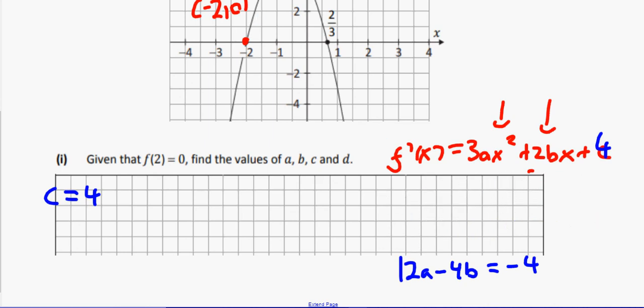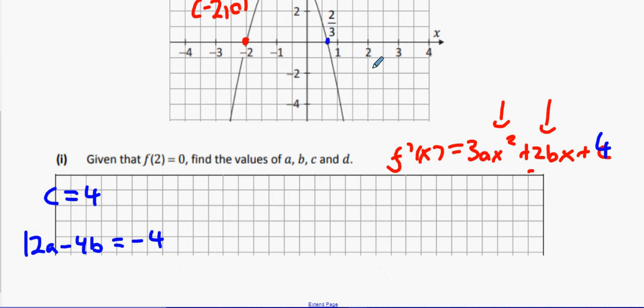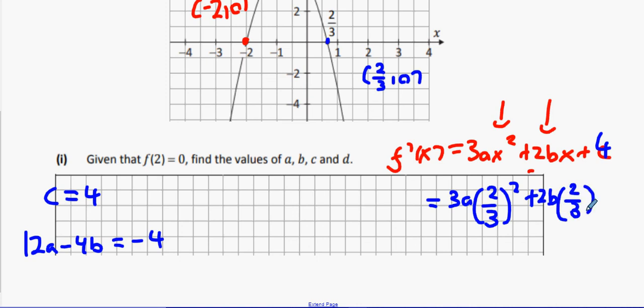Now, do I know any other points that I could use? Well, I know that when the x value is 2 over 3, the y value is 0. It gives me that point. So I'm going to use it. Okay, so it's going to be 3 times a times 2 over 3 squared plus 2b times 2 over 3 plus 4, and the y value would be 0.